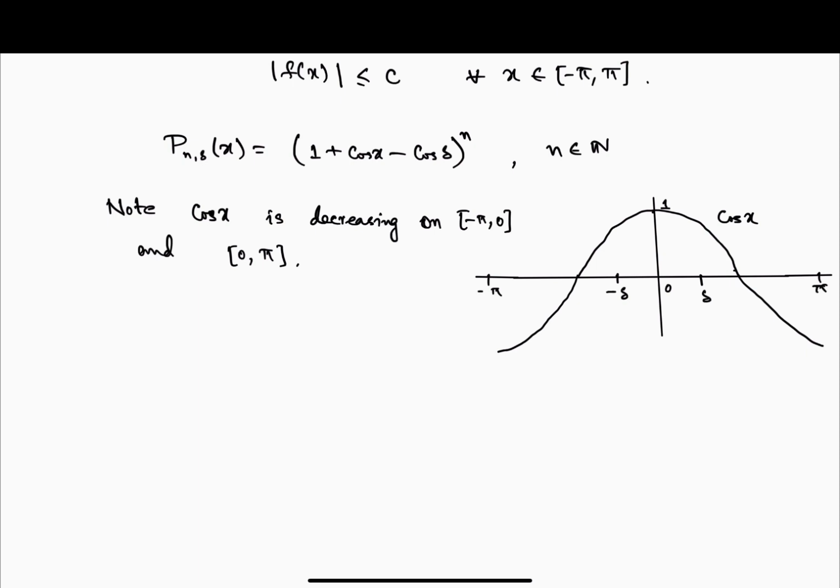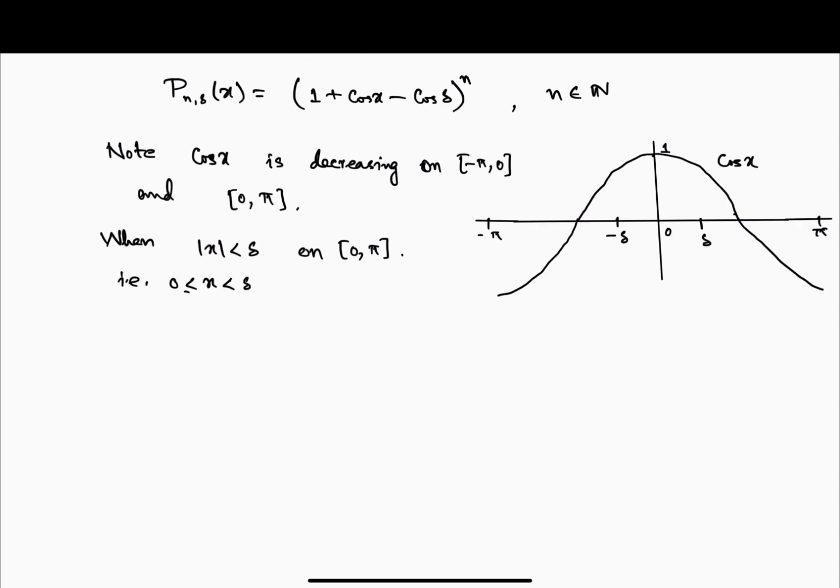So for 0 to pi, you have to check the sign of cos x minus cos delta. When mod x is less than delta, let's say on the positive part, x is between 0 and delta.